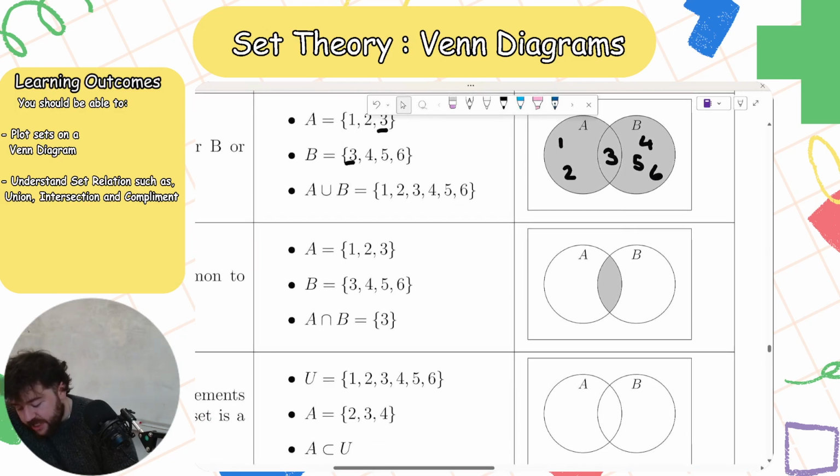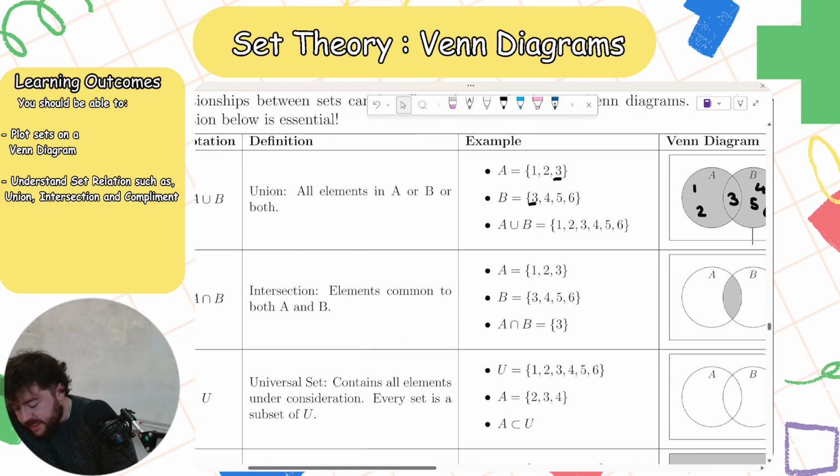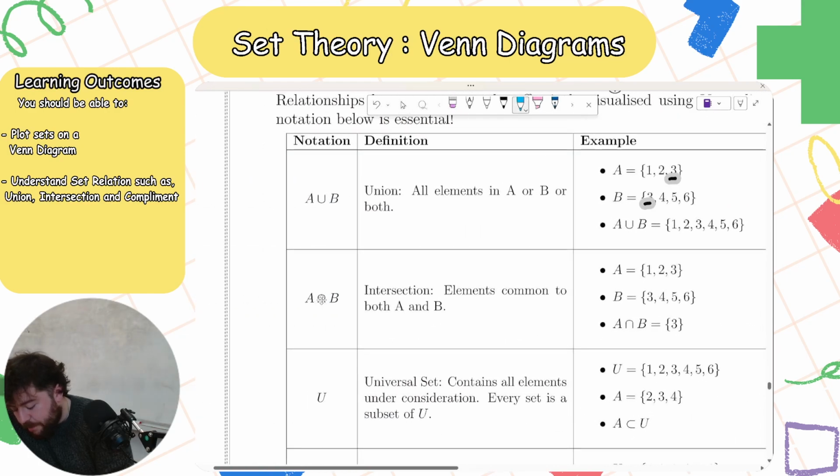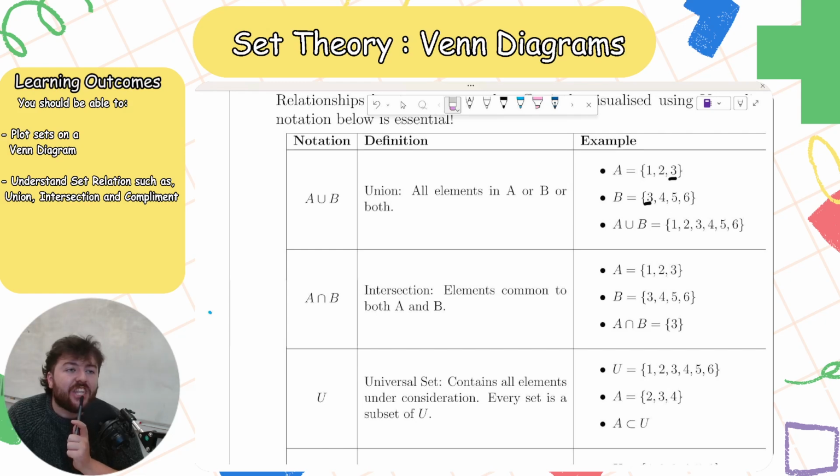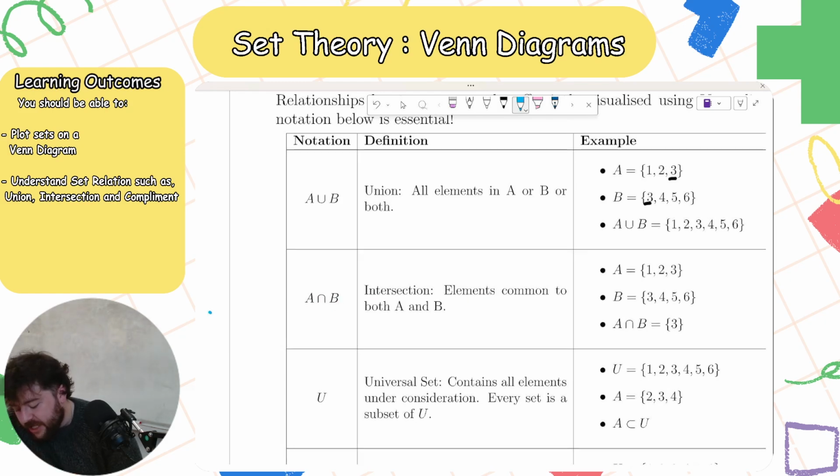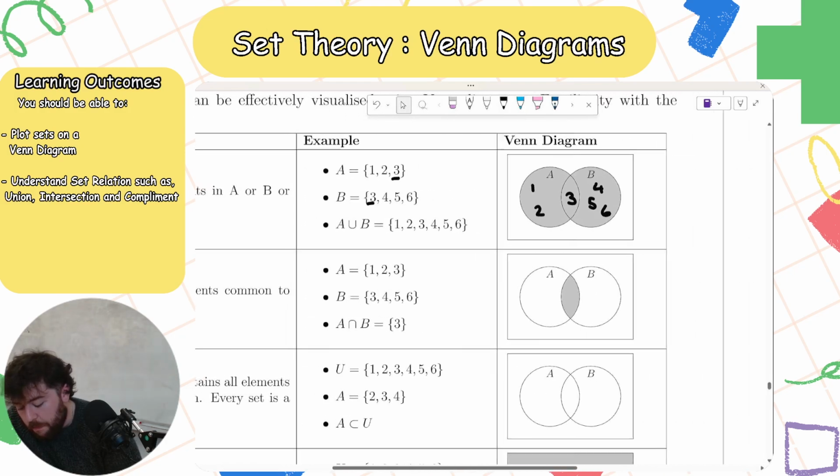The intersection is denoted by this upside down U shape, or N shape. I always remember intersection because it makes an N shape. If we see the N shape, that means intersection. So A intersection B is just the elements that are common to both.